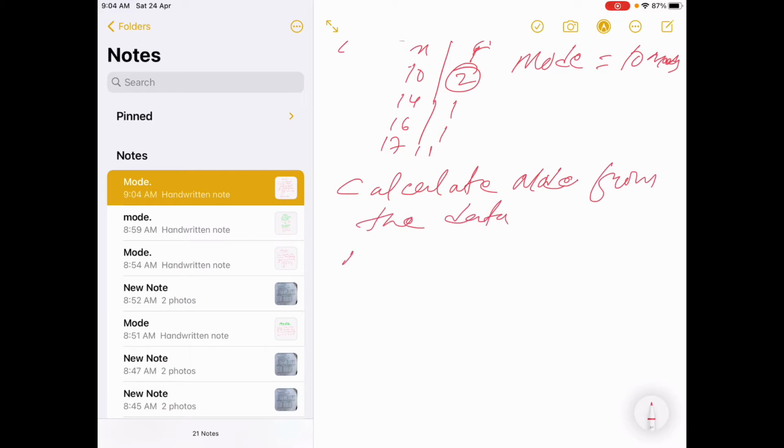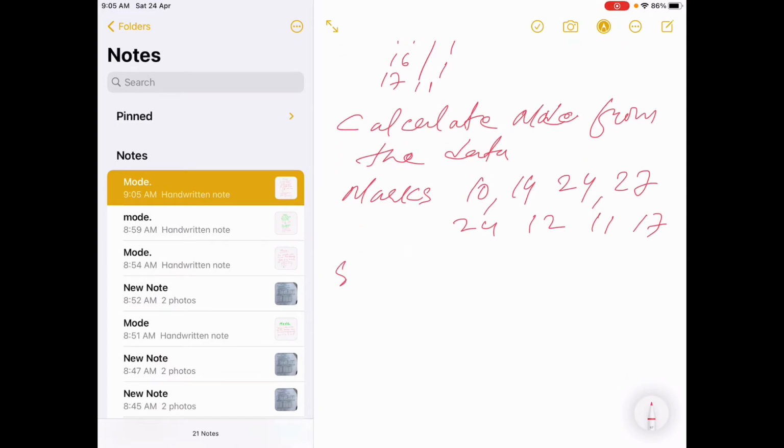Marks: 10, 14, 24, 27, again 24, 12, 11 and 17. So from these marks you have to find mode. So, solution: calculation of mode.